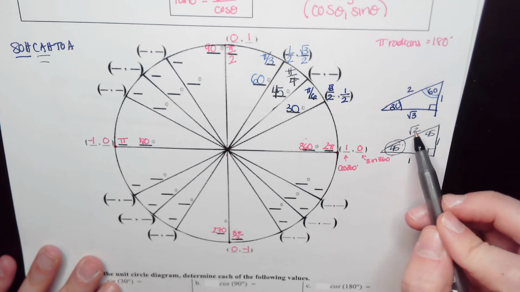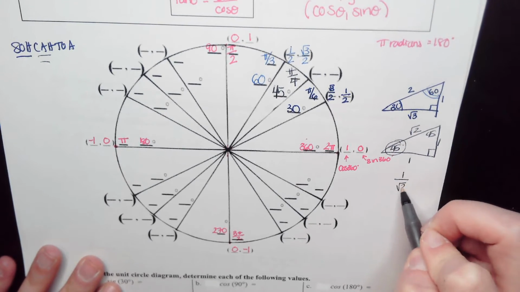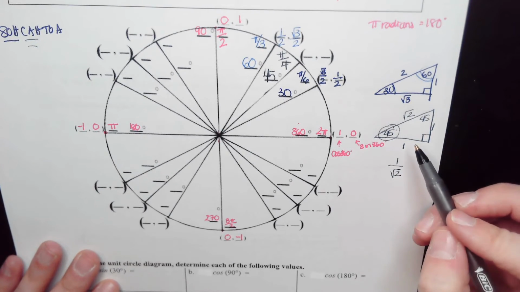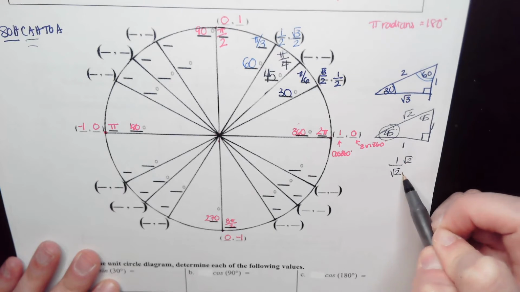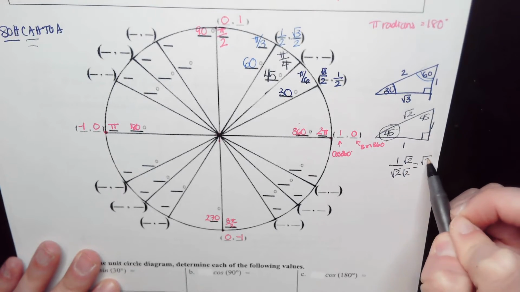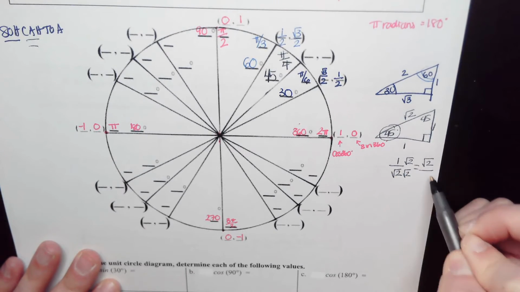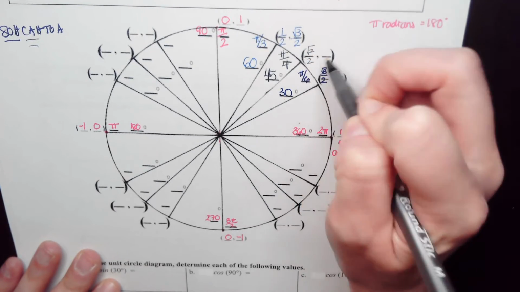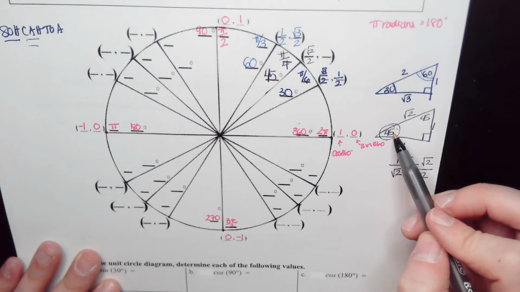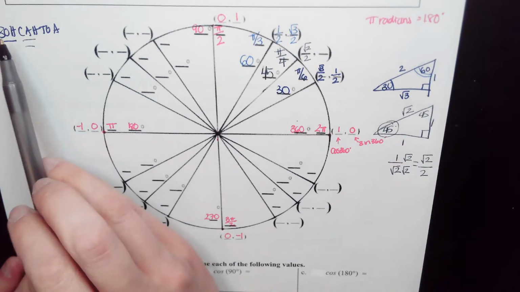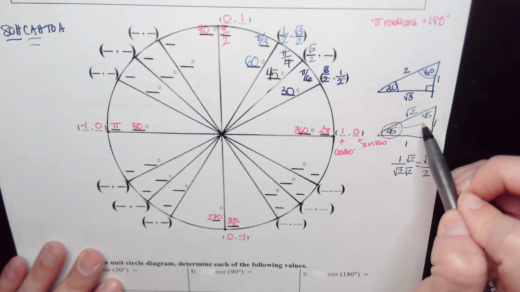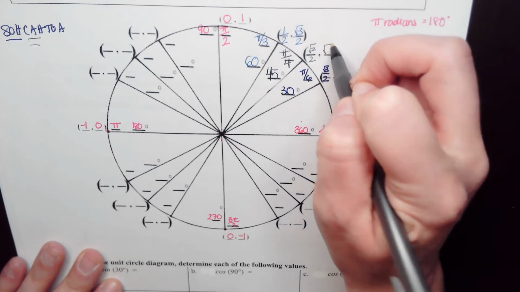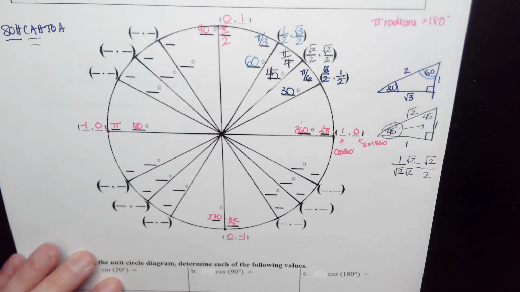Adjacent is 1, hypotenuse is rad 2, but I can't leave a radical in the denominator, so I need to rationalize that. I multiply the top and the bottom by rad 2, leaving me with rad 2 over rad 2 times rad 2, which gives me 2. So this would be rad 2/2. And then the sine is opposite over hypotenuse, which is 1/rad 2. It's the same thing, 1/rad 2 rationalizes to rad 2/2.